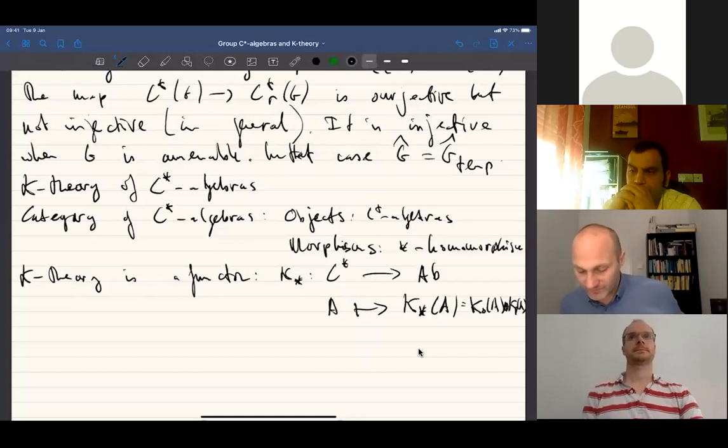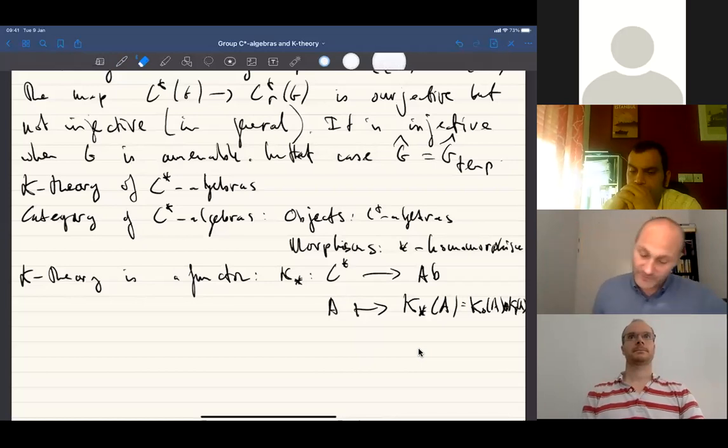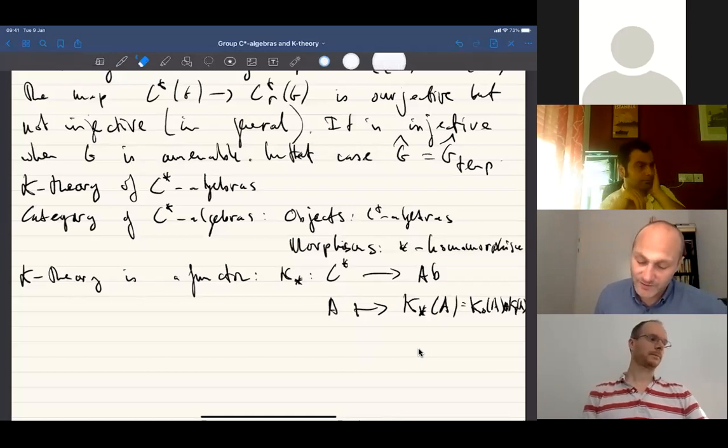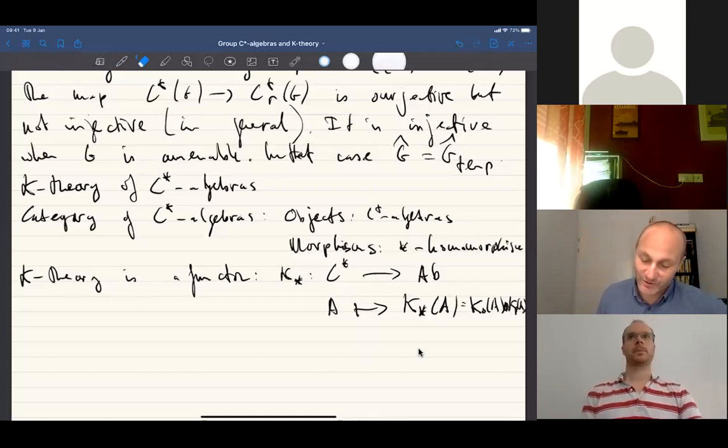The two groups have different descriptions, but we will also see that in fact you need only one of them to understand everything. We will get to this. So this is a functor in the sense that if I have a star homomorphism of C-star algebras, then I get from that a map of abelian groups on the K-theory. That's the kind of functoriality we're talking about.